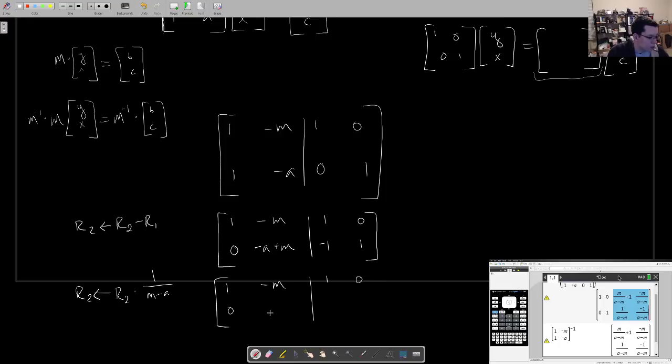This will be 1 as long as m minus a is not 0. And this will be, yeah, negative 1 over m minus a. I'll fix the negatives here in a second. And this will be 1 over m minus a.